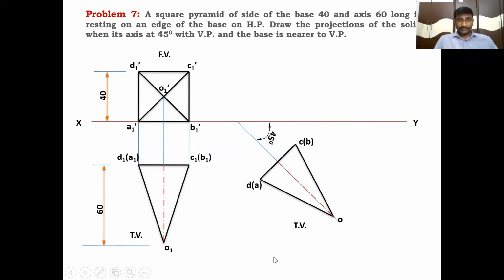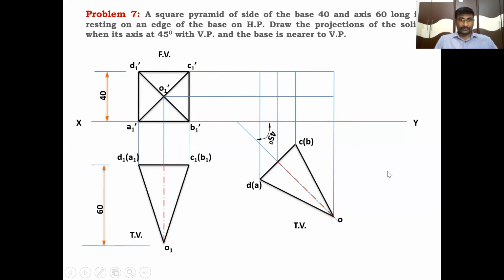So after rotating, this is the top view. Draw the projection lines from each point on the top view, from C of D, from D of A, and from the base center. And draw the horizontal projections from the initial front view. These are horizontal projections, and this XY line is one of the horizontal projections, which is a line drawn from A1 dash and B1 dash. And locate the base points and apex point in the front view.